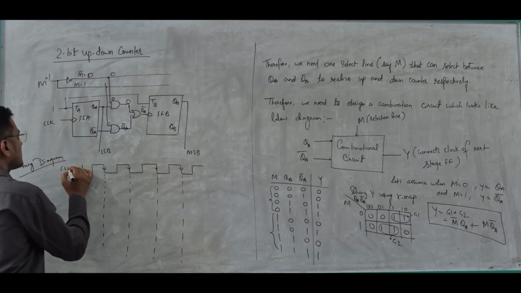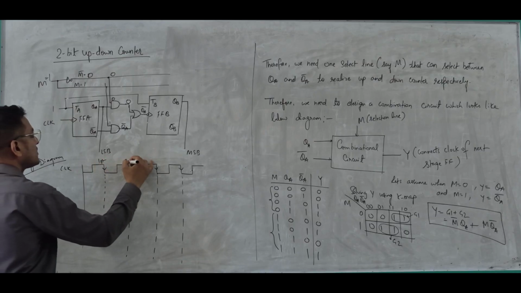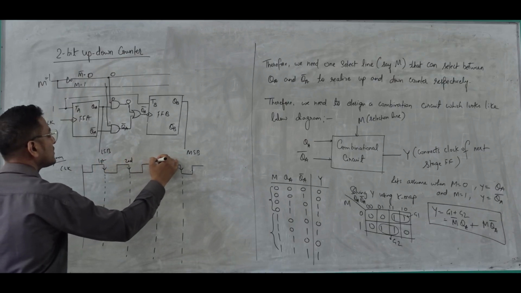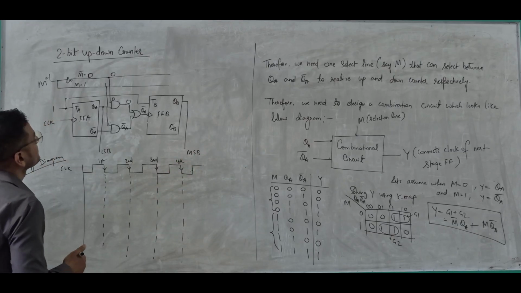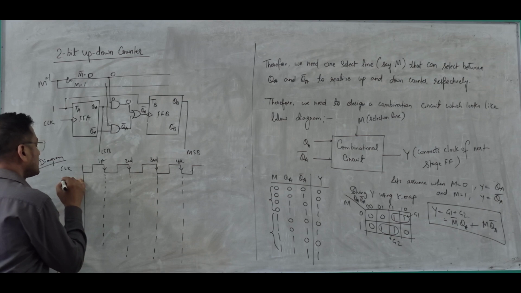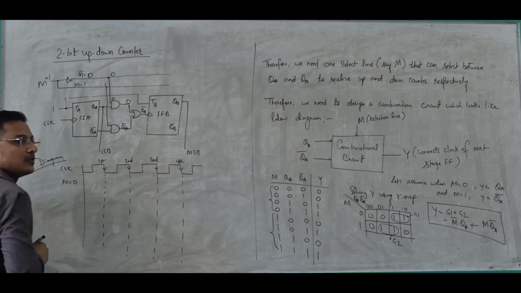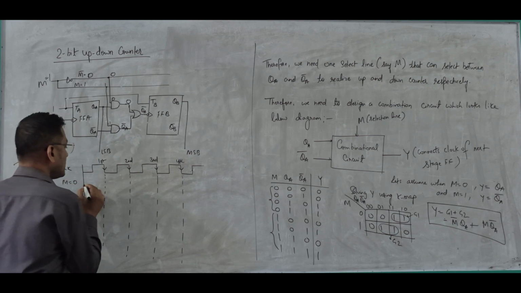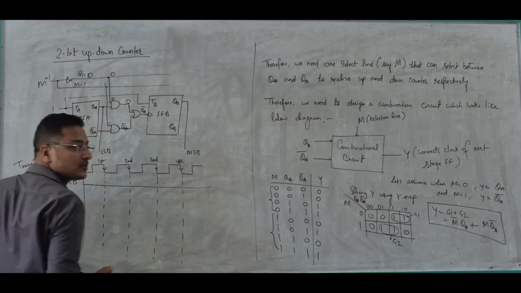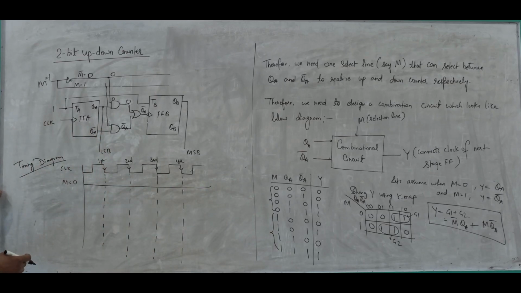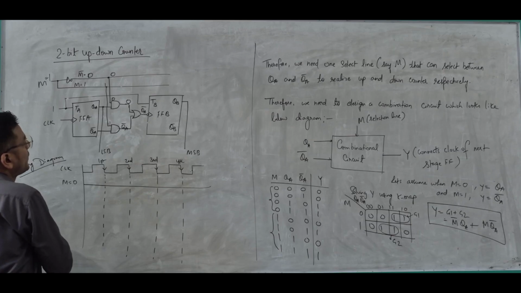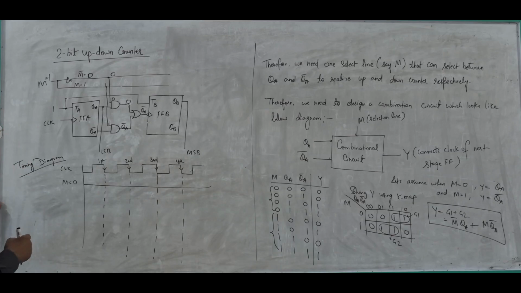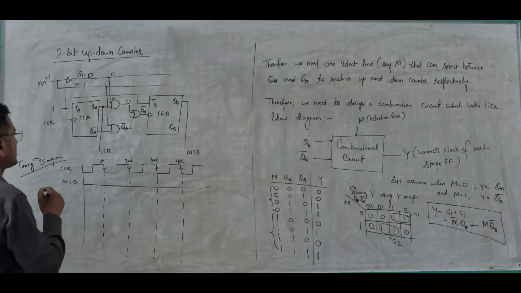So this block, this is first, second, third, fourth. And let's say M is equal to 0, so when M is equal to 0 it means this is completely 0, right? So when M is 0, now you need to plot QA and QB.